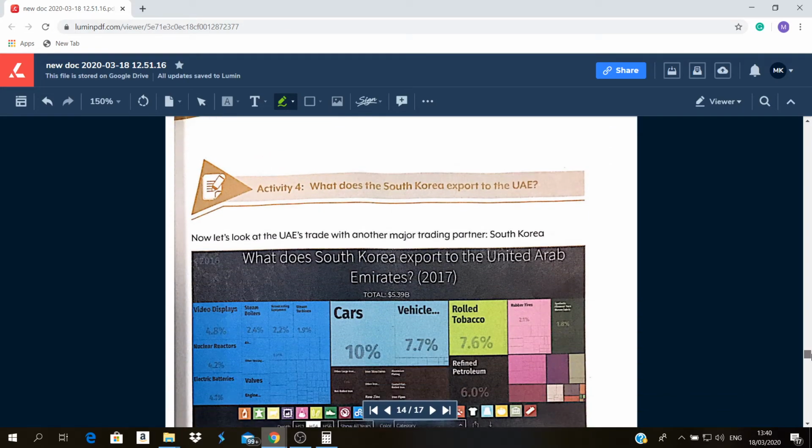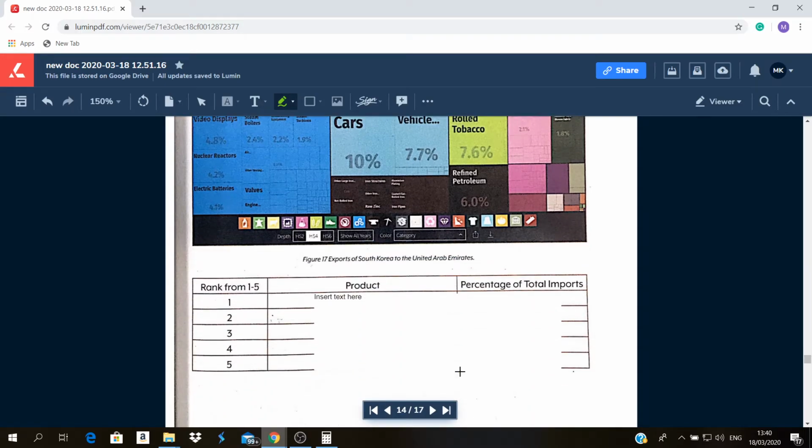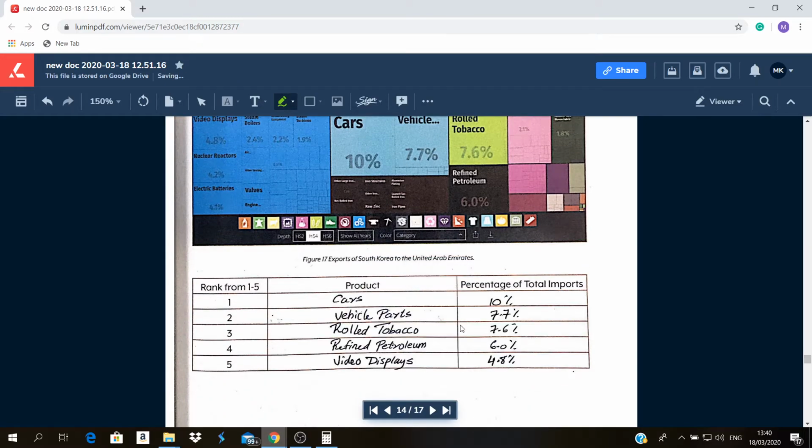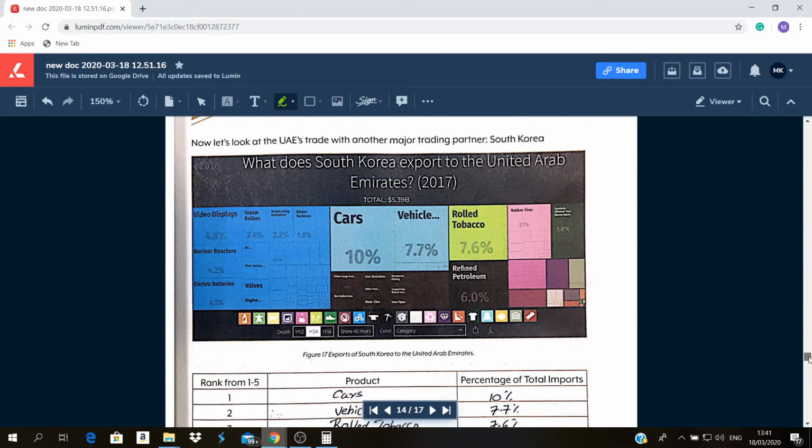Let's see here. What does South Korea export to the UAE? Cars, of course. We have a lot of cars that are made in Korea, 10%. Vehicle parts 7.7%. Rolled tobacco 7.6%. Refined petroleum 6%. Video displays 4.8%.